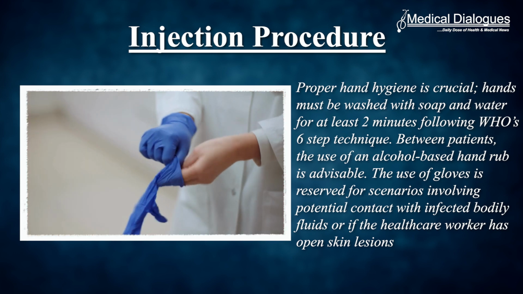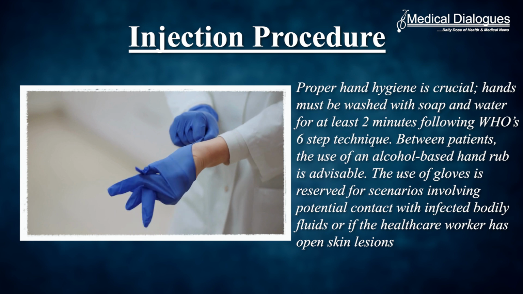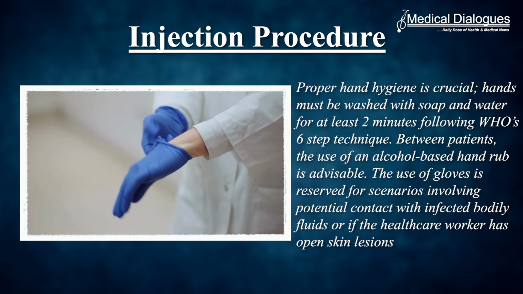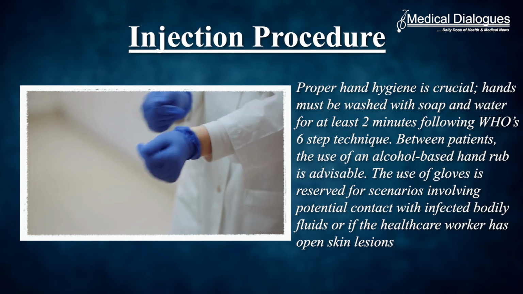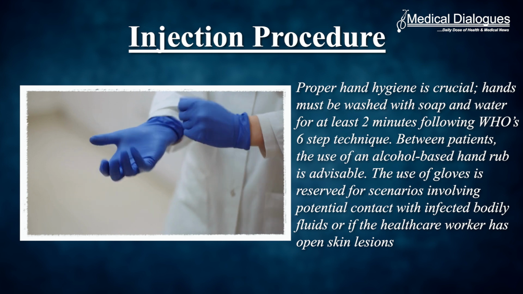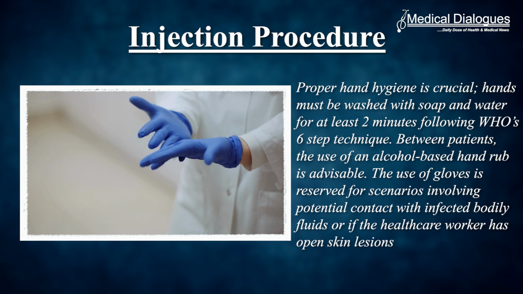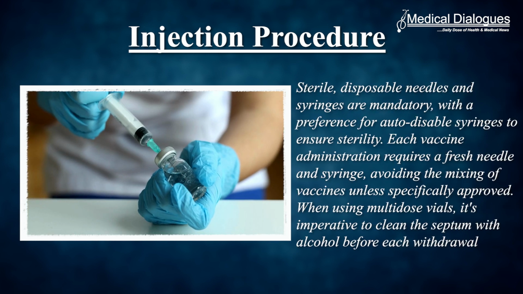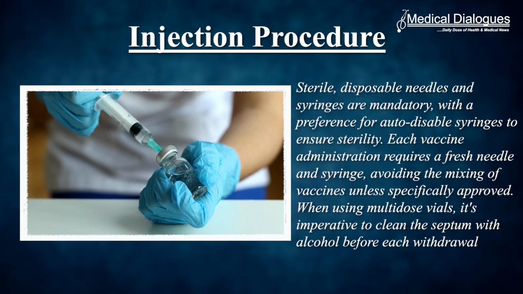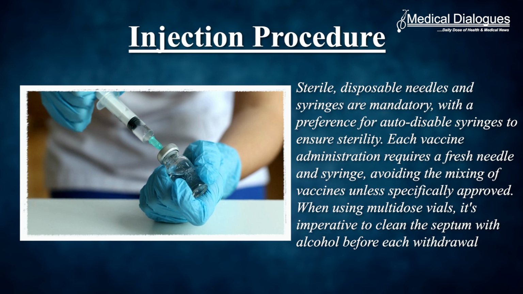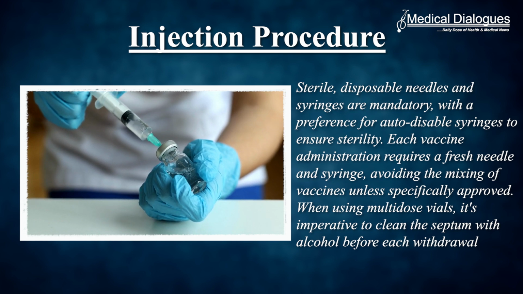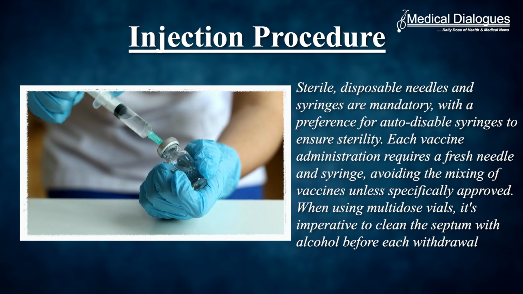The use of gloves is reserved for scenarios involving potential contact with infected bodily fluids or if the healthcare worker has open skin lesions. Sterile, disposable needles and syringes are mandatory, with a preference for auto-disposable syringes to ensure sterility. Each vaccine administration requires a fresh needle and syringe.